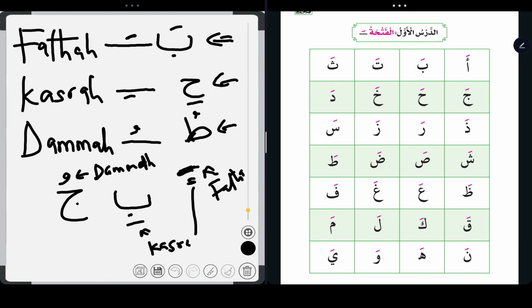Now, let's read each letter according to what it carries. And this is Fatha. Hamza, when it carries Fatha, is going to sound as a, a, a. Remember, it is not a, it is a, a, a.